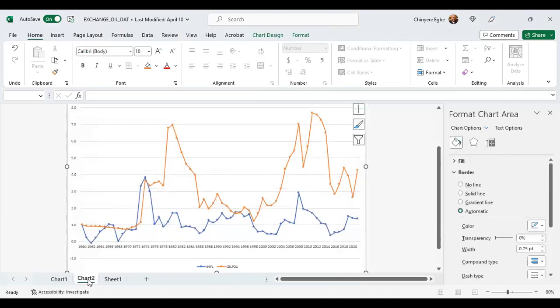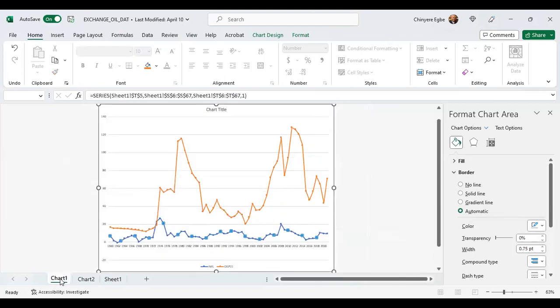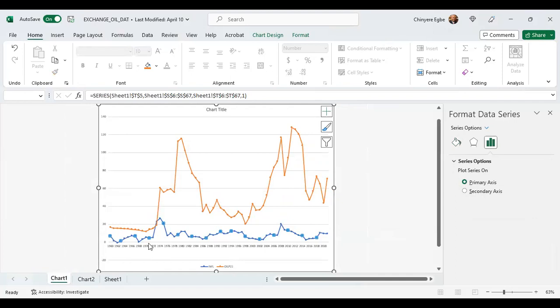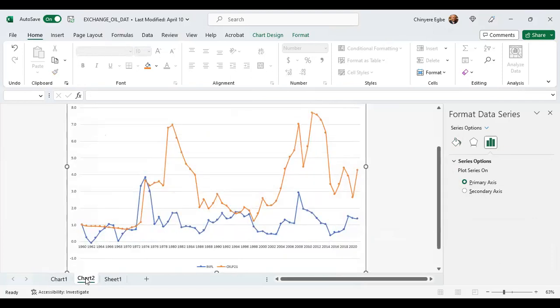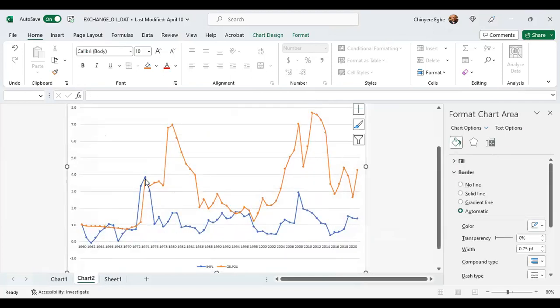If you plot the indexes, it's clearer what you're trying to illustrate. At the beginning here, you can see oil price goes up, inflation also goes up. But if I do it on this other chart, you can see the relationship is very clear.